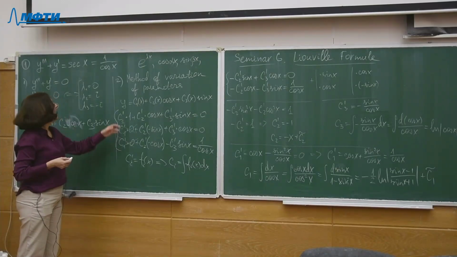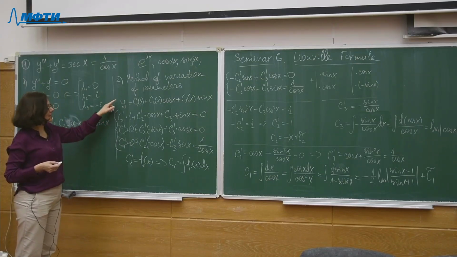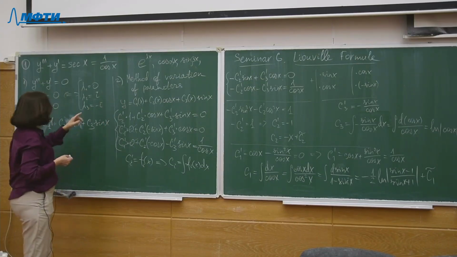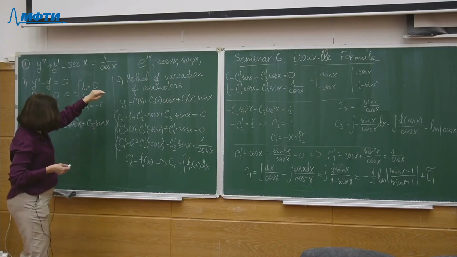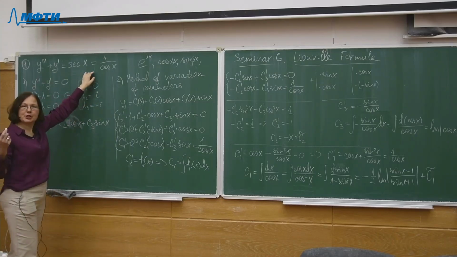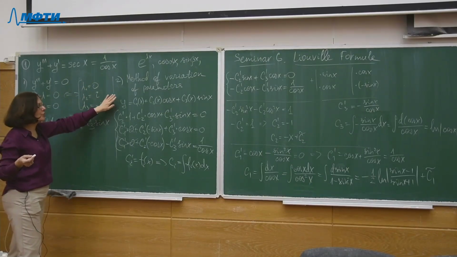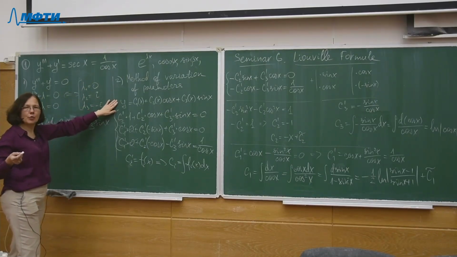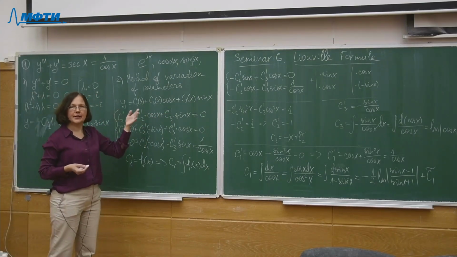Well, step number 2. We will look for the general solution of the non-homogeneous equation in this form. We assume that our solution has this form, but C1, C2, and C3 are not constants; they are functions depending on x.